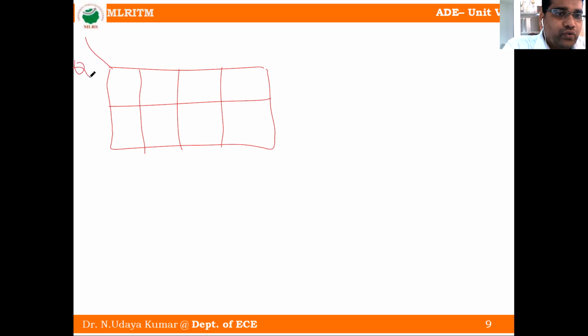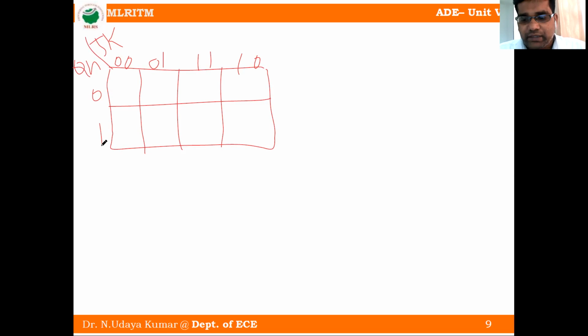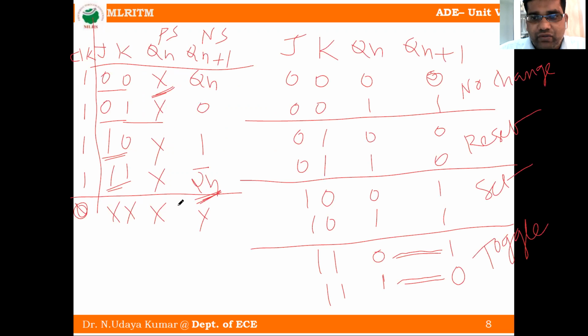This one is Qn, this one is JK. We know that this is 0, 0, 0, 1, 1, 1, 1, 0. If we are finding the next state equation, Qn plus 1 is equal to 1 here. Here 1 means when J is equal to 0, K is equal to 0, Qn is equal to 1, we will get next state as 1.